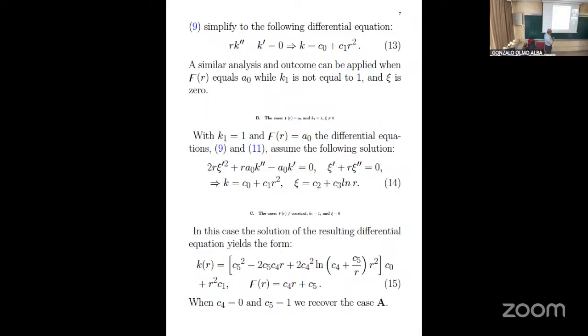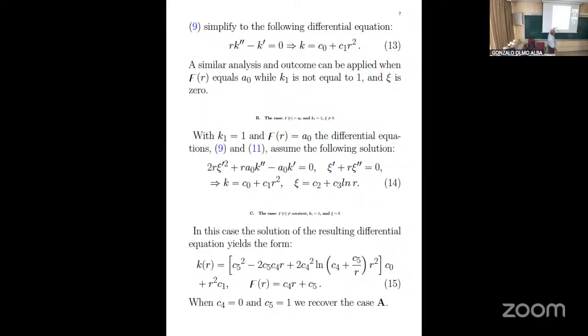As we see, if we put C4 here equal to 0, we recover the first case, which is the BTZ of Einstein. So the main deviation from the BTZ of Einstein comes from this term, which gives this form.